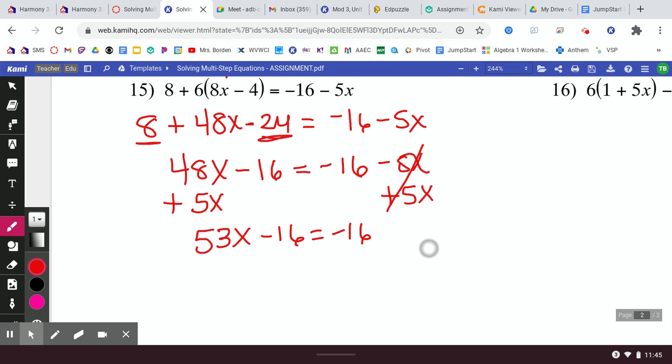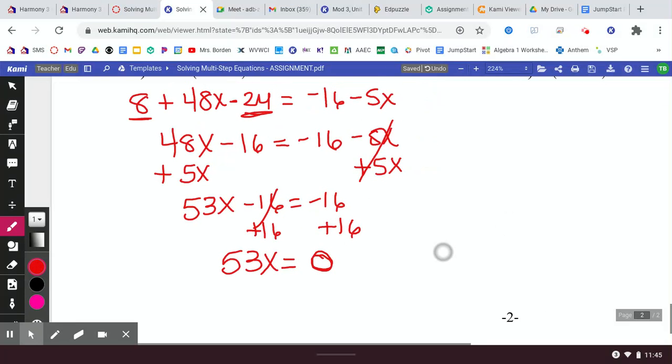It's currently attached with addition or subtraction. Yeah, good. Plus 16 and plus 16 leaves us 53x equals, what's negative 16 plus positive 16? Yeah, or think of it like this, 16 minus 16. 0.